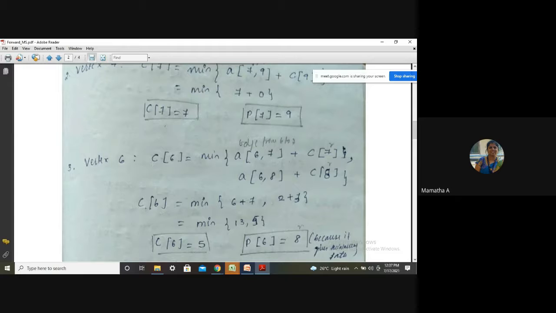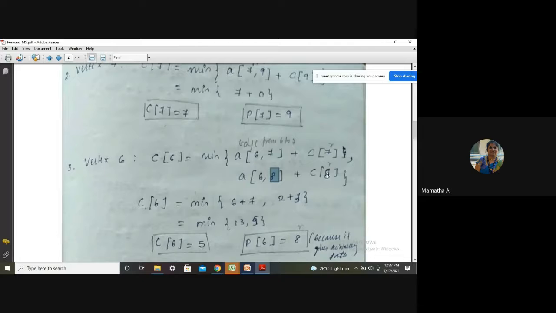Considering the vertex 6, now we have C of 6 equals minimum of A of 6 comma 7, because there is an edge from 6 comma 7, plus C of 7. So here you should give R. R is now 7 comma A of 6 comma 8, because there is another edge from 6 to 8, plus C of 8.